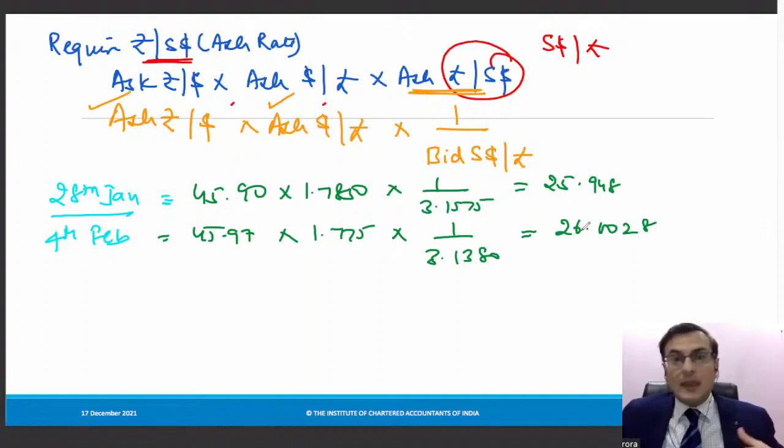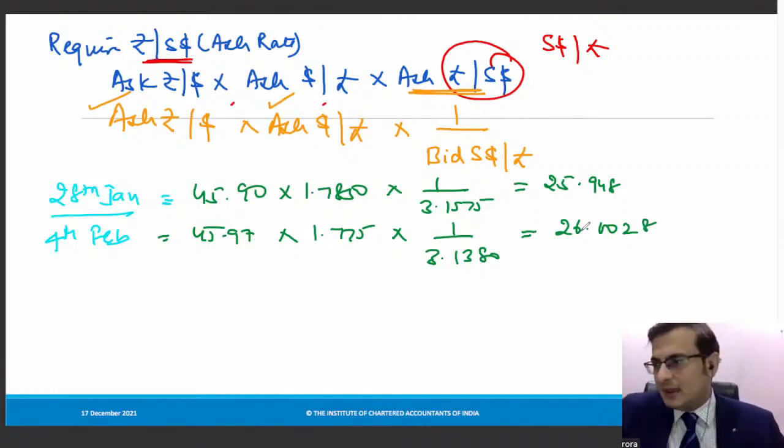Now he will have to pay more, 26.0028. He's an importer. Importer has to purchase the foreign currency. Earlier, the foreign currency was available a little cheaper, 25.94 something. Now he will have to pay the higher amount.